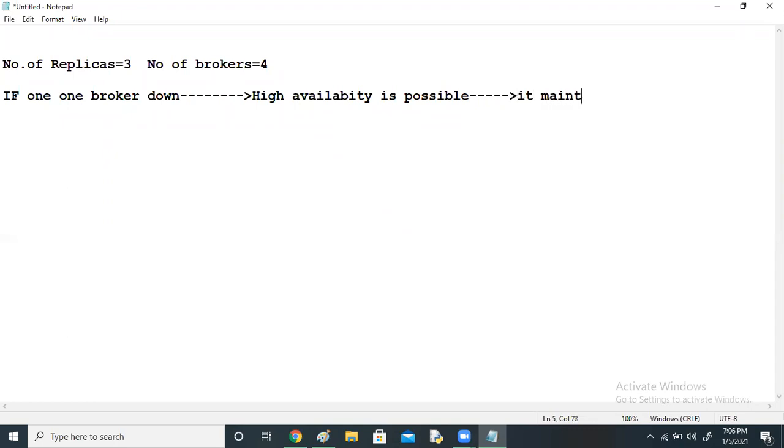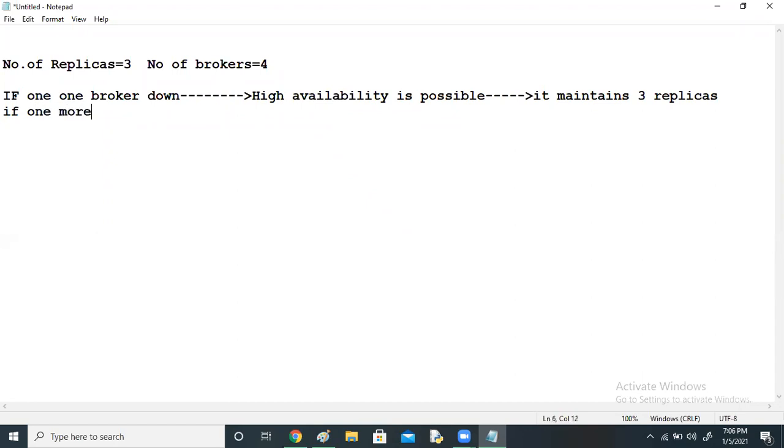It maintains three replicas. Three replicas means if one broker is down, high availability is possible. If broker 1, broker 2, broker 3, and suddenly broker 1 is down, still broker 4 is there, and the same replicas can be maintained.